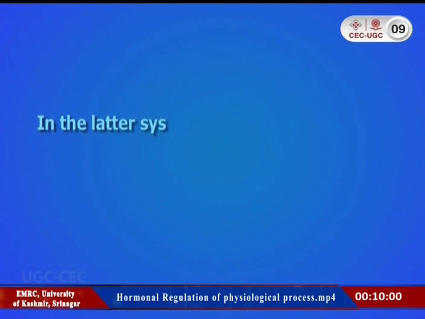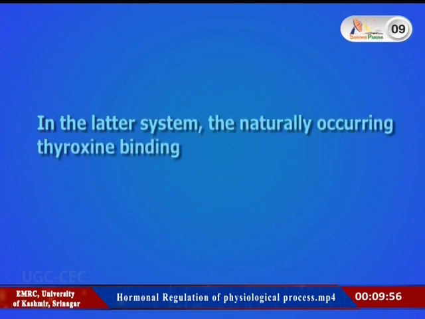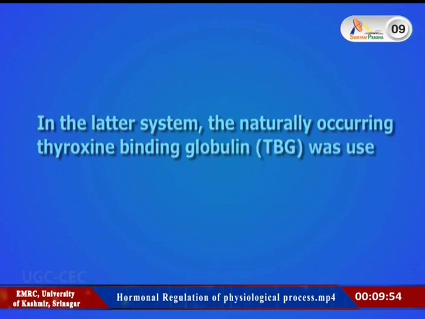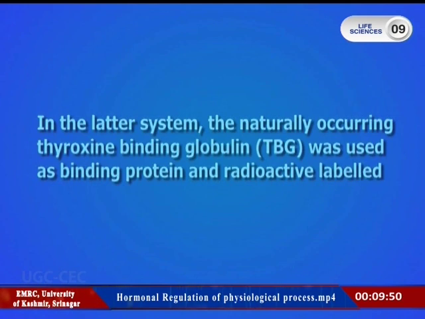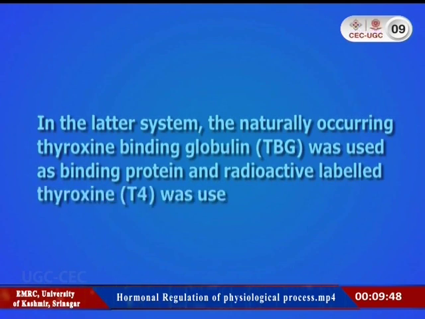In the latter system, the naturally occurring thyroxine binding globulin, that is TBG, was used as binding protein, and radioactive labeled thyroxine, that is T4, was used as tracer.